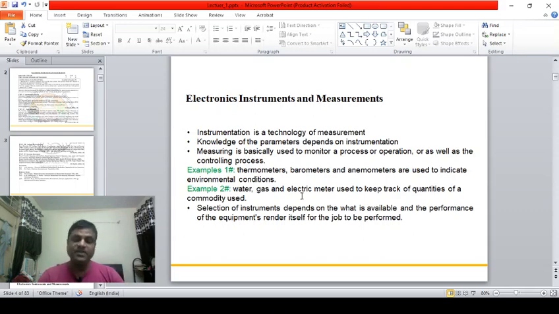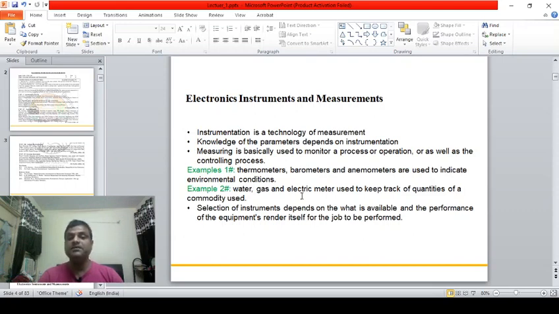So the thermometer is basically an instrument. Similarly, the process or operation measurement is used to actually measure the temperature. Similarly, we have seen the example I mentioned. We have the thermometer, the barometer, and the anemometer, which are used to indicate the environmental condition.